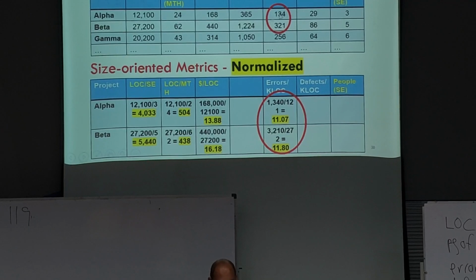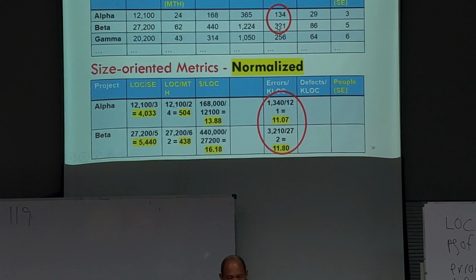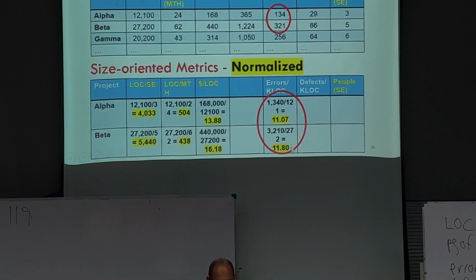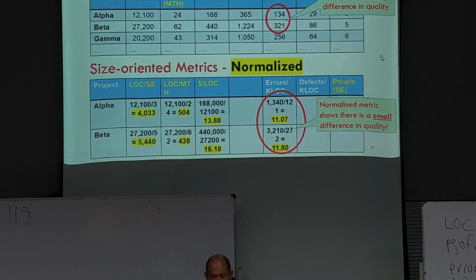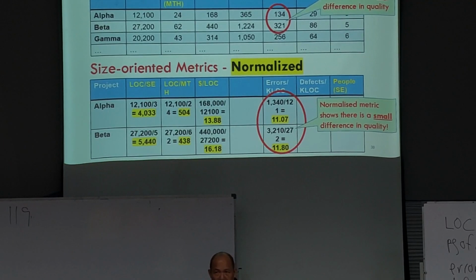The difference in errors is small. So this is a fairer comparison. A non-normalized metric shows a big difference in quality, while the normalized metric shows a small difference in quality.